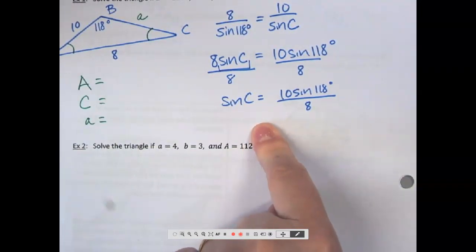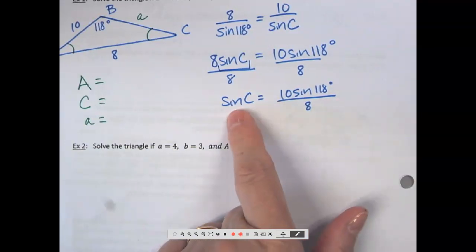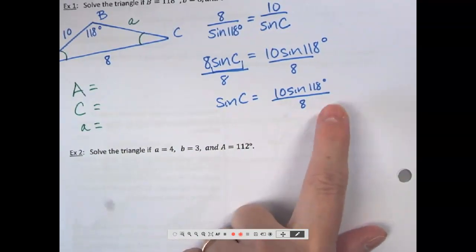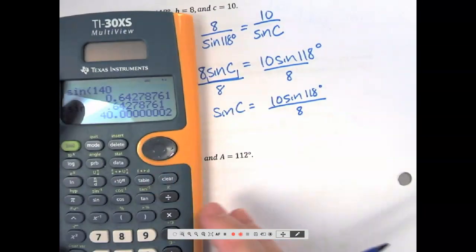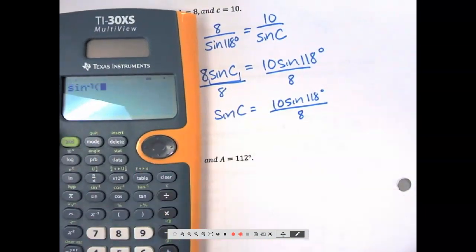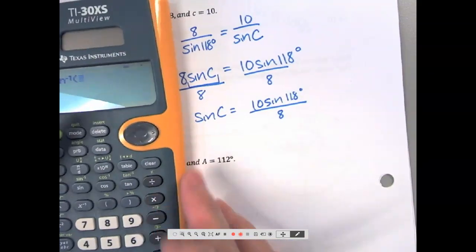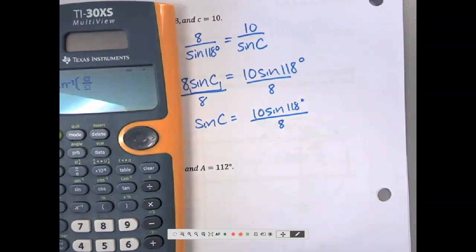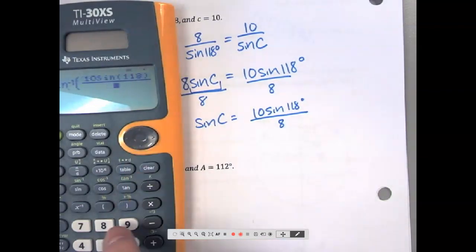What do I do on the calculator? Inverse, yes. So I have to say, hey, there's an angle whose sine is this number. So that's what the inverse does for us. So I'm going to say second sine, and I'll just go ahead and put that fraction in now: 10 sine 118 over 8.